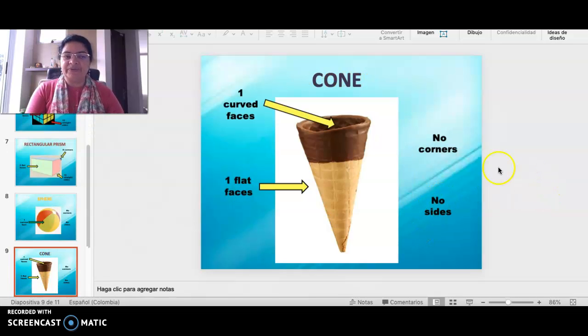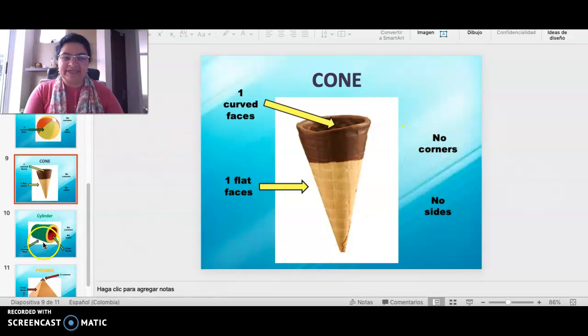And cone. Cone is another one. For example, here in this image, we have a delicious cone that we can fill with ice cream. And here we have a curved face, like this one, a flat face, and no sides. But here we have, okay, a vertex.